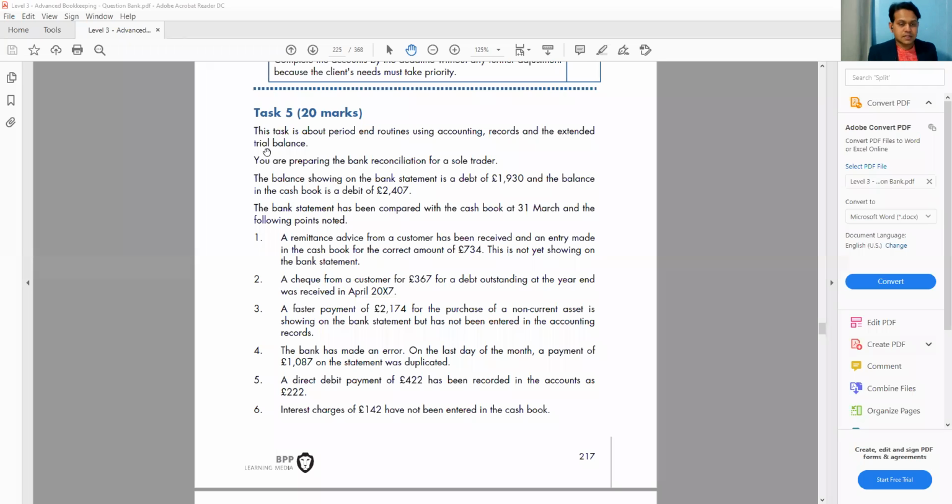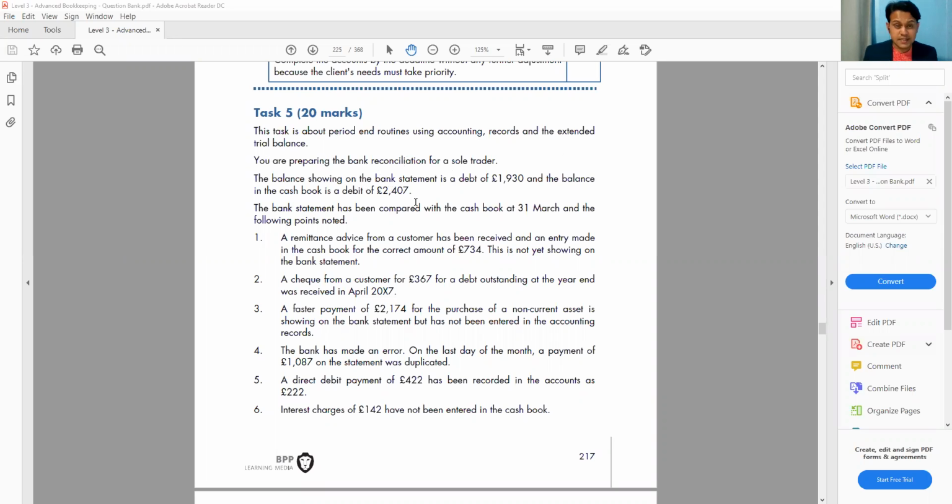Task 5, 20 marks. This task is about period end routines using the accounting record and the extended trial balance. You are preparing the bank reconciliation for a sole trader, and you already know what a bank reconciliation is.